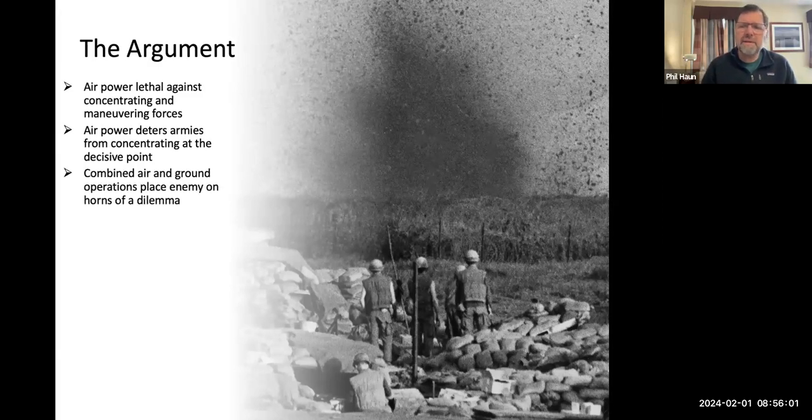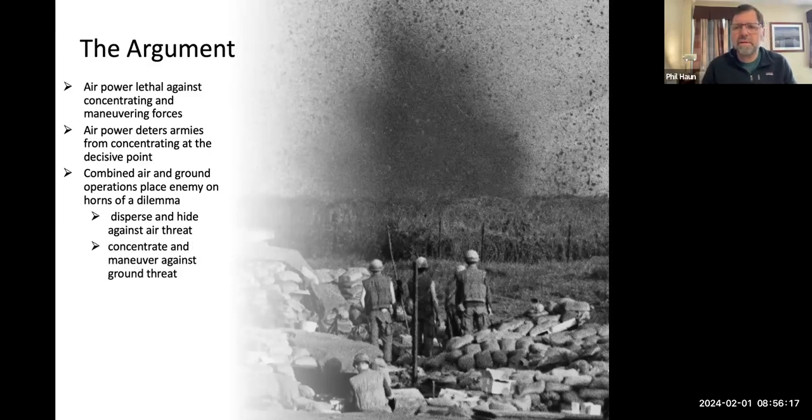Because of that, an effective combined arms operation ends up placing the enemy on the horns of a dilemma. Do they disperse and hide against the air threat? That's actually what they tend to do. Or do they concentrate and maneuver against the ground threat, only to be left vulnerable to the air threat? That's the kind of problem that an effective combined arms campaign can provide.